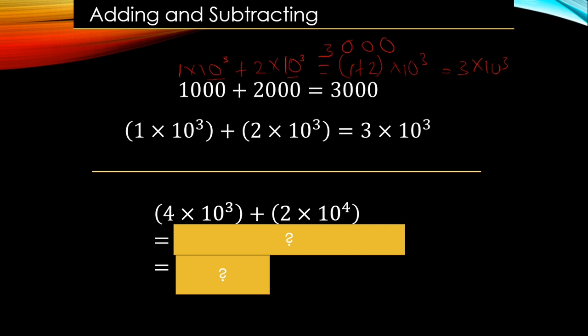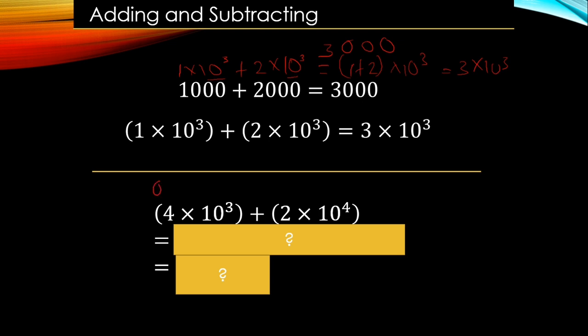The easiest thing for me would be to convert to the number with the highest power, because since we're adding them, the number would obviously be greater, and we have this highest power of 4.